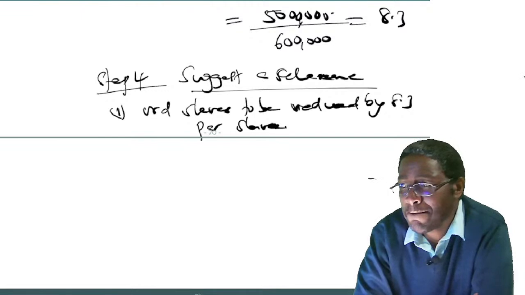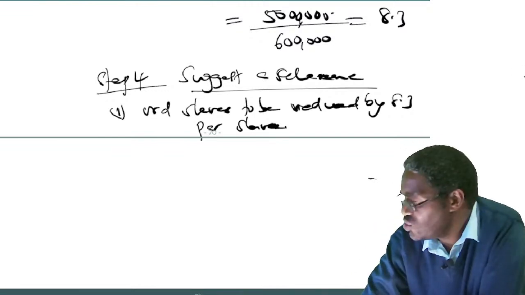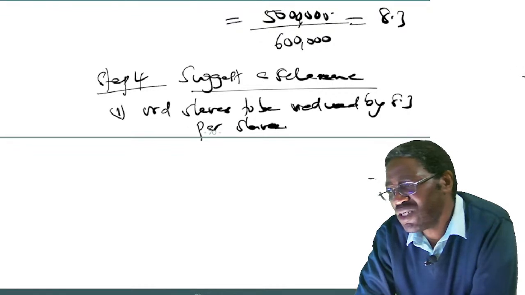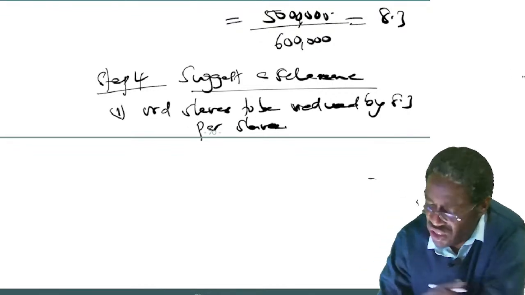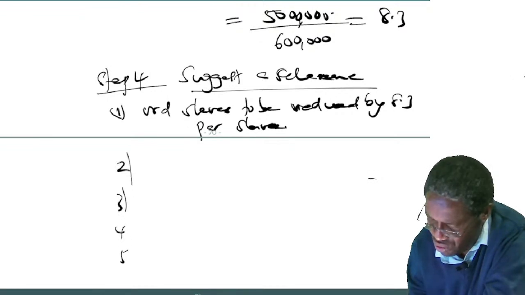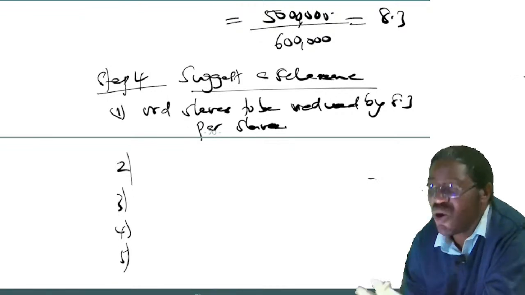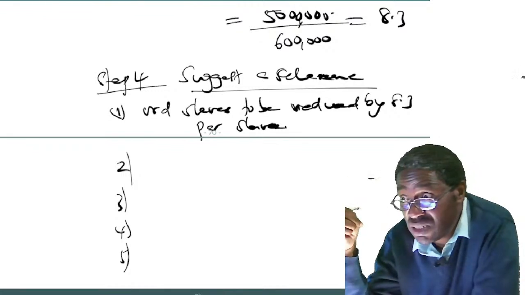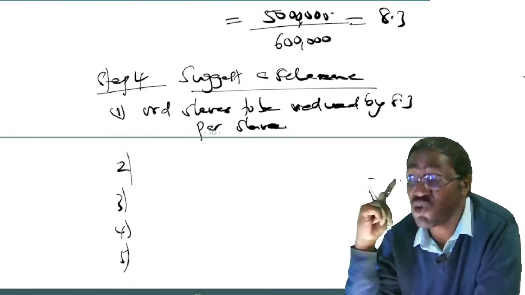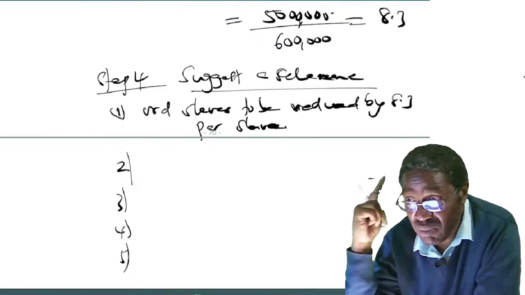Good. Then the question is, what else should we include in the scheme? To determine what else you should include in the scheme, that is number 2, number 3, number 4, number 5, and so on, you have now to go back to step number 1.